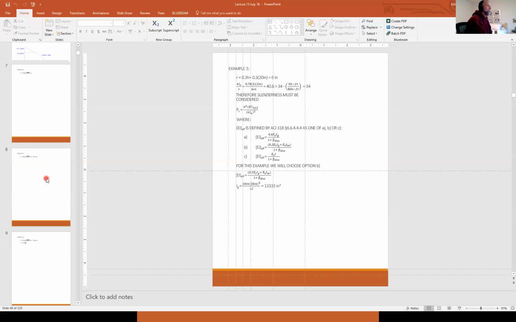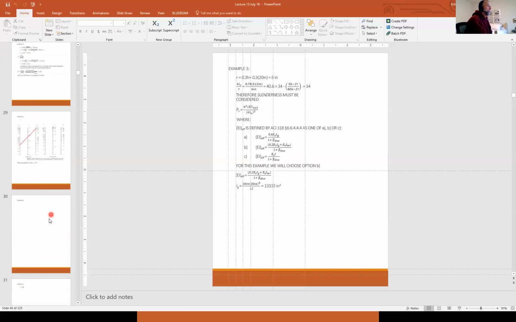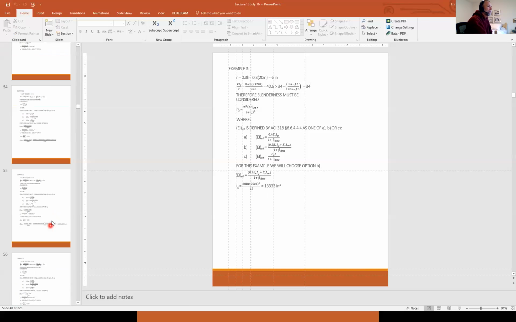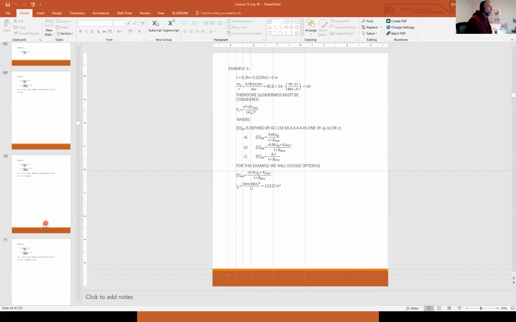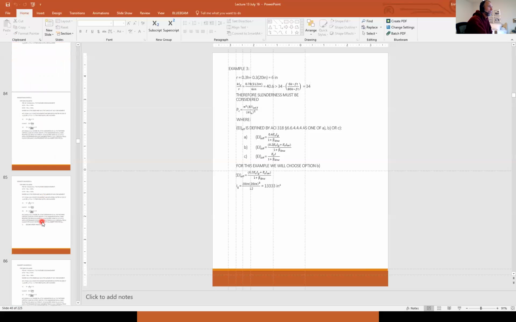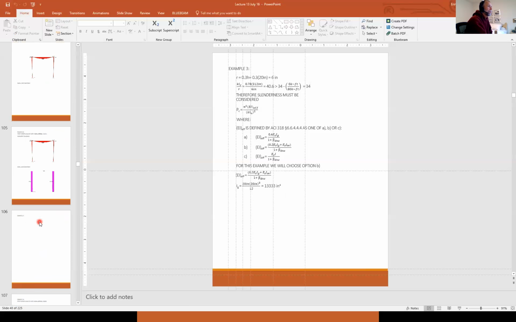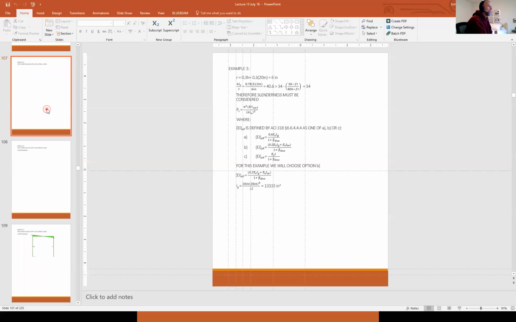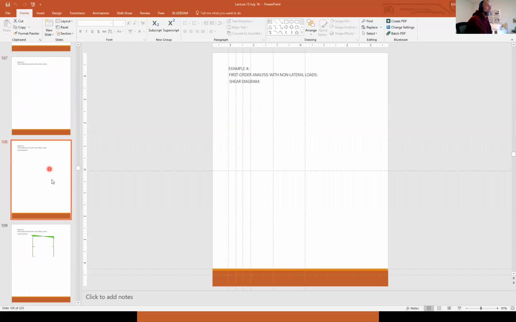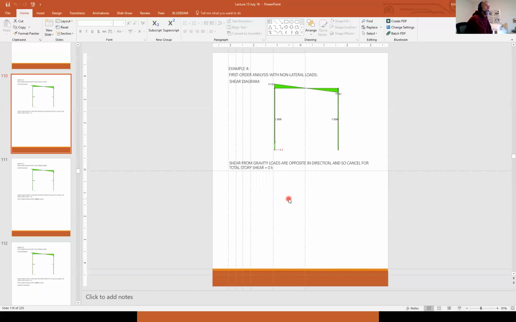I don't want to lose that train of thought. Let me find my shear diagrams. Okay, here's my sway example. And here's my shear diagram. So you see, I have some shear in these columns due to gravity load.